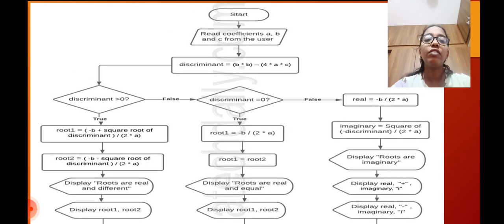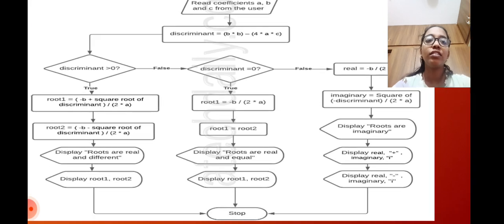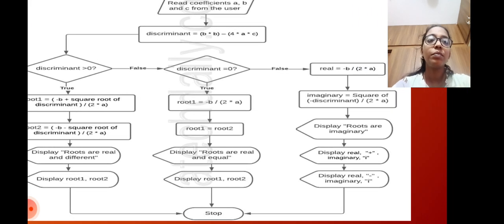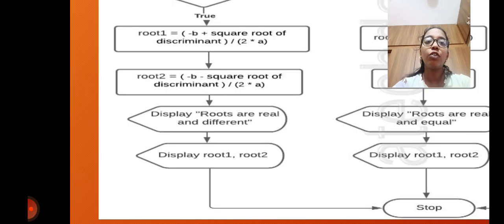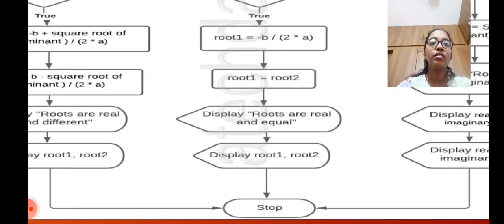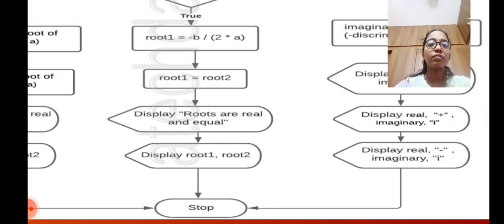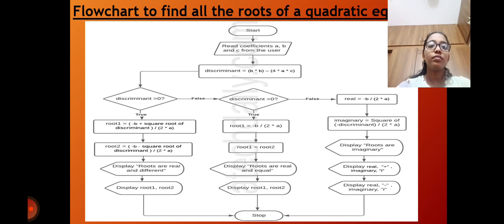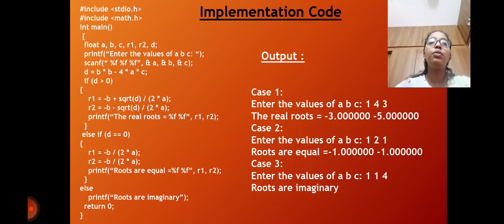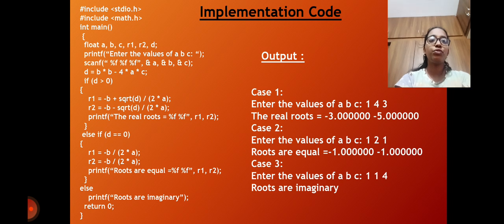It checks a true or false condition 2 times and gives the output, and finally comes to stop. This is the code, a program to solve the quadratic equation, and this is the output we got after the execution of this program.